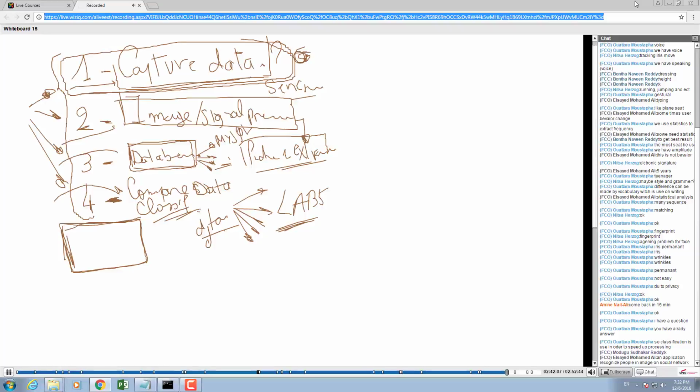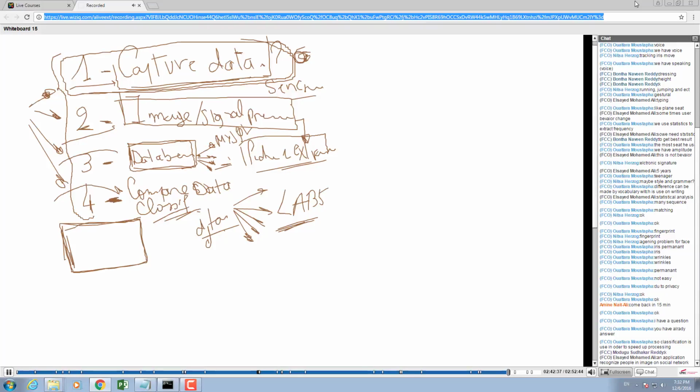So try to remove anything which is not important for your application. We call this pre-processing. Okay, so you pre-process your image and you extract features and you store in the database. Okay, that's why it's important to know how to use databases.